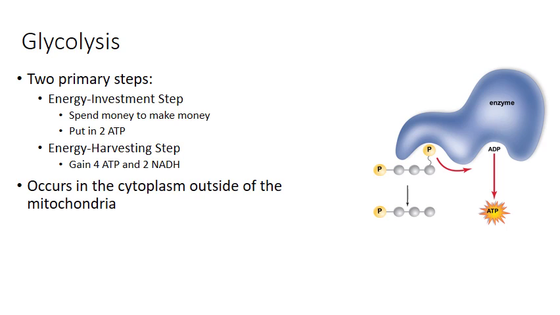So you have to first spend 2 ATP, and then after you've gotten over that hump, you can then harvest the energy that you released as you broke down the glucose to pyruvate. And as you harvest that energy, you're going to be able to make 4 ATP and 2 NADH. And again, this is happening outside of the mitochondria, just in the cytoplasm.